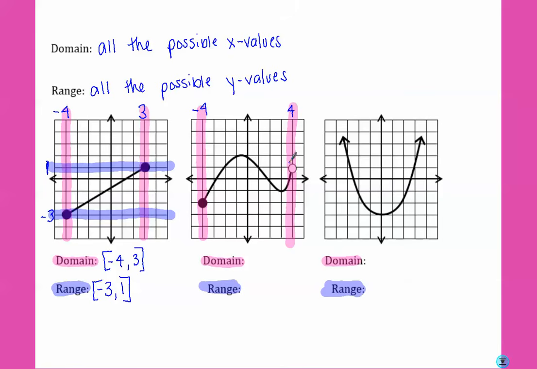Because we have an open circle, we're going to use bracket negative 4 because the negative 4 had a closed circle. And then at positive 4, we're going to use a parenthesis. So brackets are for closed circles. Parentheses are for open circles.